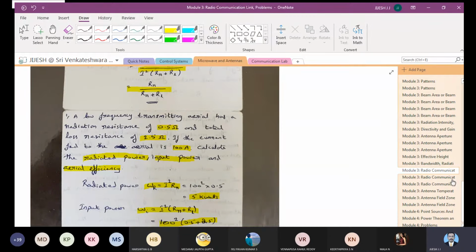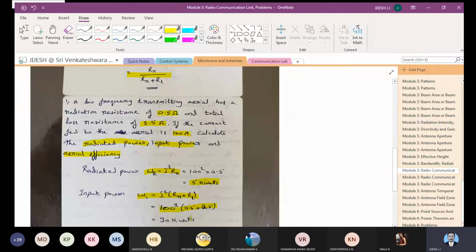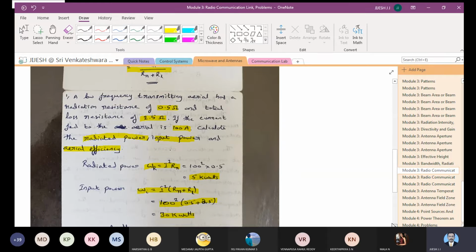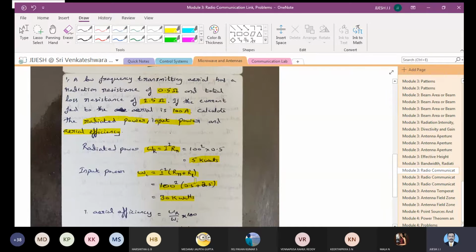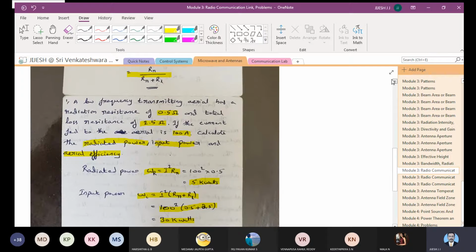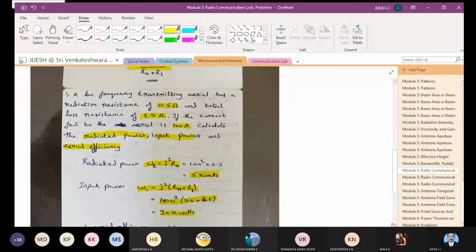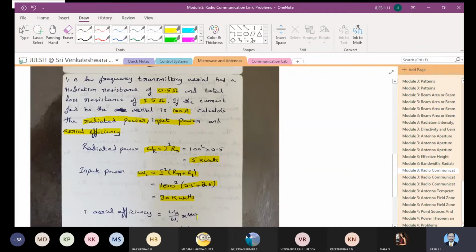Now you can calculate the efficiency also. The equation for efficiency is WR by WI into 100, or you can take it as RR divided by RR plus RL. Anything you can use, the answer has to be the same. Here WR and WI are already found, so it is easy to use that. So what is the efficiency percentage you are getting?